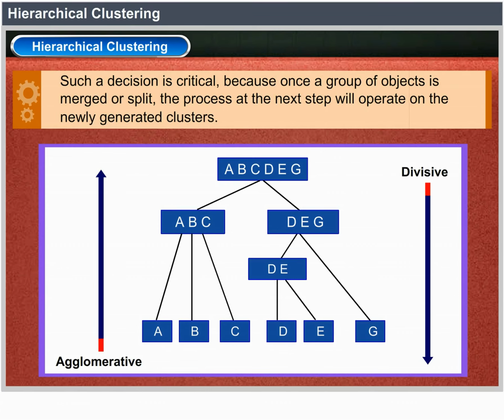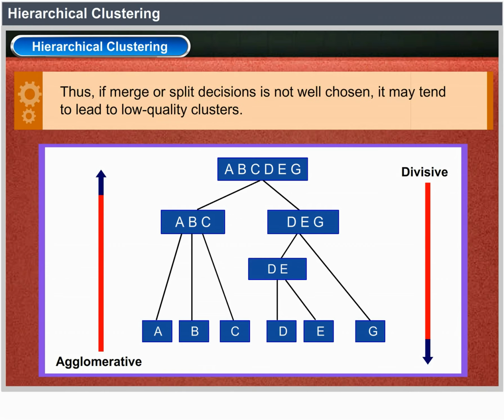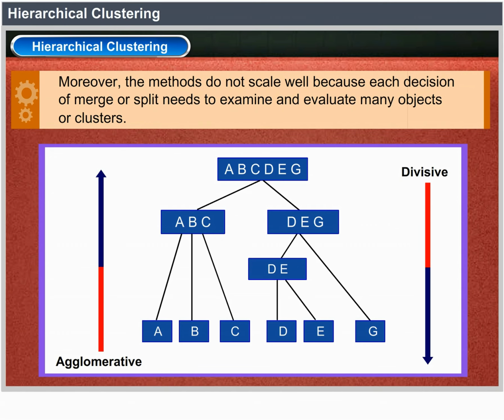It will neither undo what was done previously nor perform object swapping between clusters. Thus, merge or split decisions, if not well chosen, may lead to low quality of clusters. Moreover, the methods do not scale well because each decision of merge or split needs to examine and evaluate many objects or clusters.